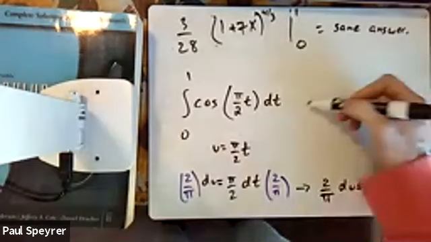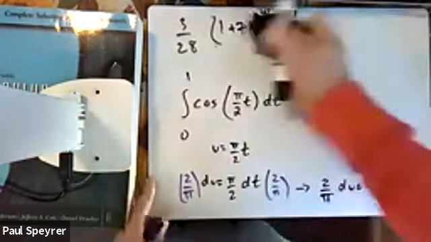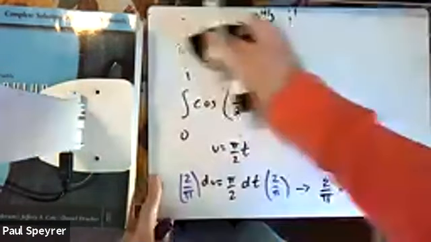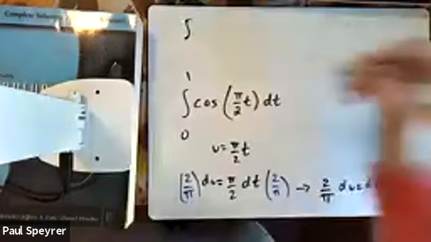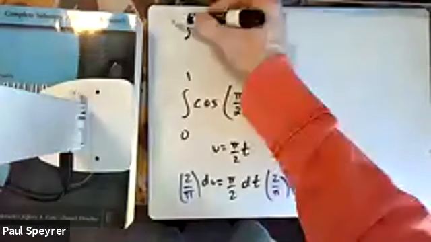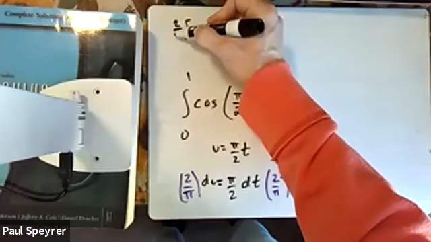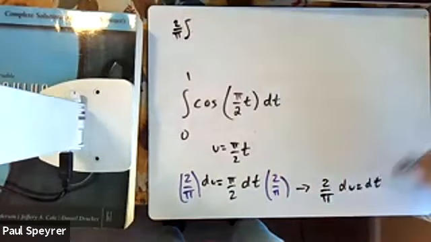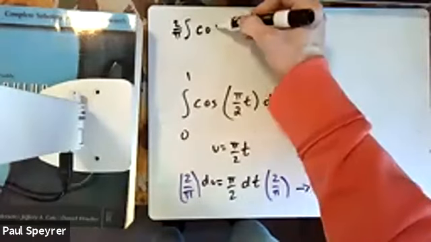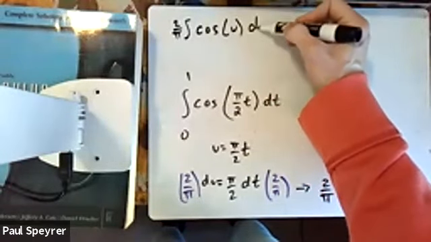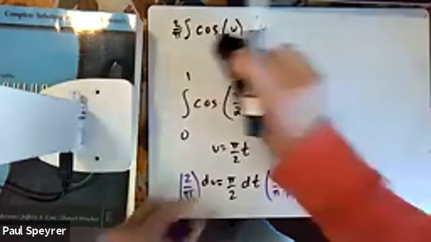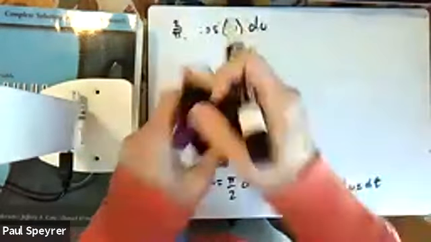Now, when we rewrite our integral in terms of u, we're going to have to change the limits. So we still have this integral of 2 over pi now, and then cosine of u du. Now, how are the limits going to be different right here?